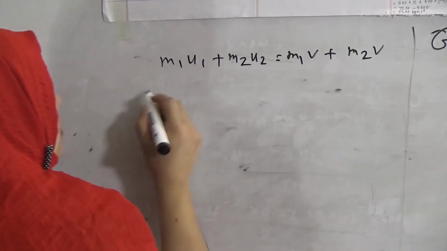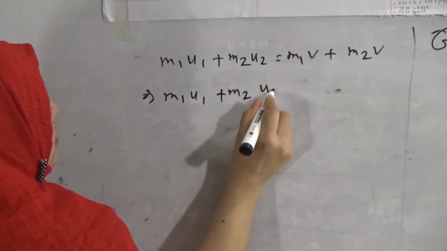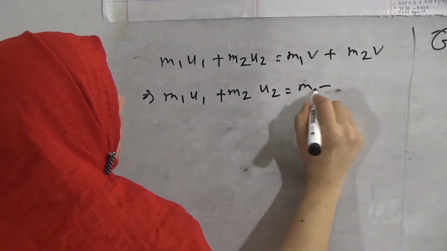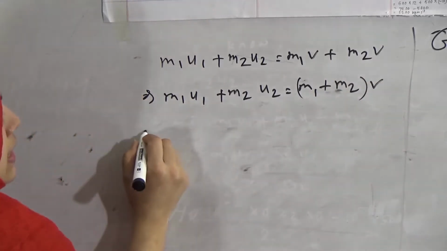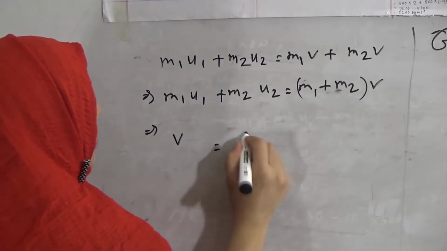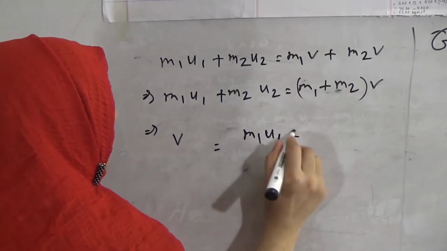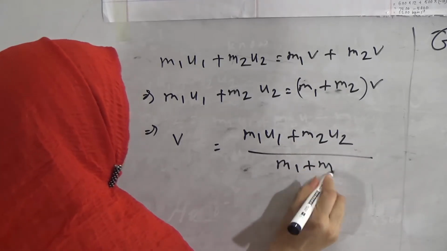So m1 u1 plus m2 u2 equals m1 plus m2 into v. We have to find v, so v equals m1 u1 plus m2 u2 divided by m1 plus m2.